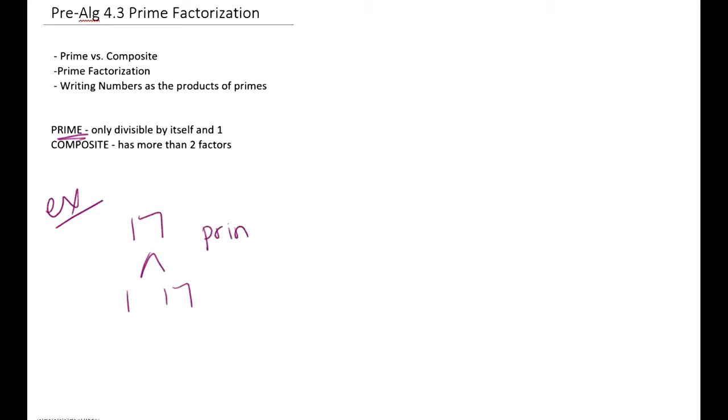Therefore, it's prime. Unlike 36. 36 we can make up in several ways, like 6 and 6, 12 and 3, 9 and 4. It has lots of factors, and that makes this number composite.